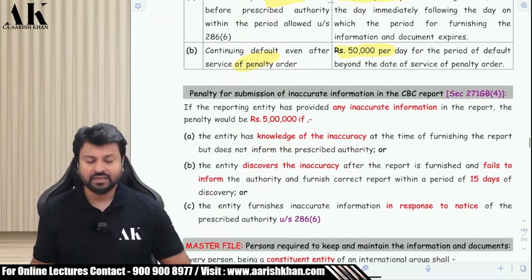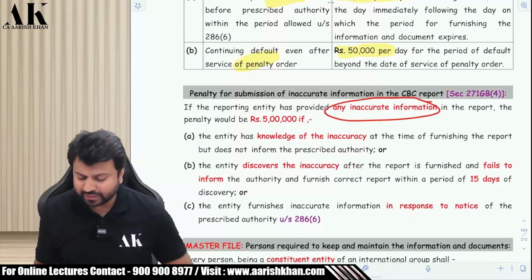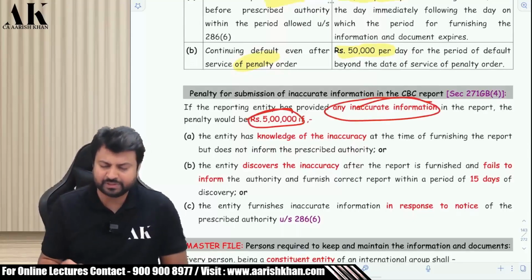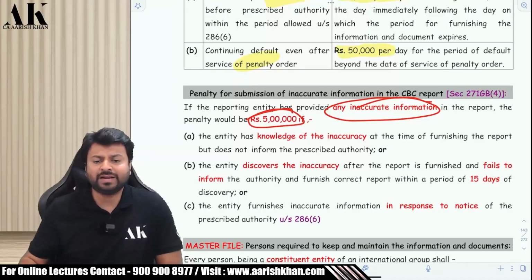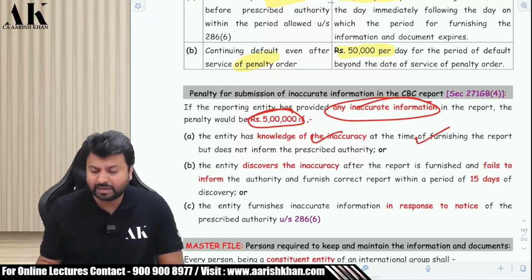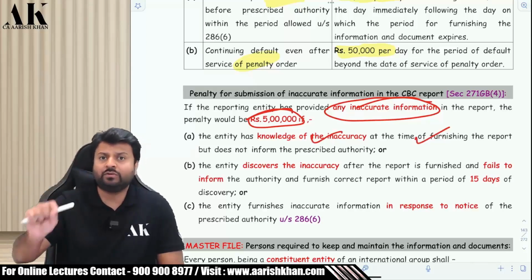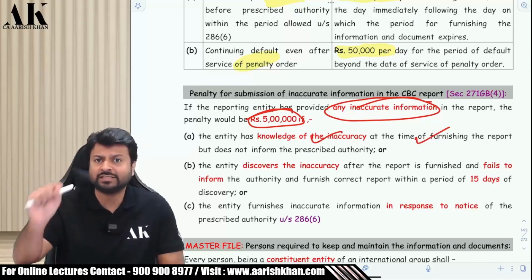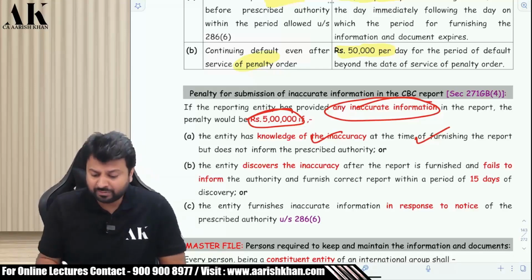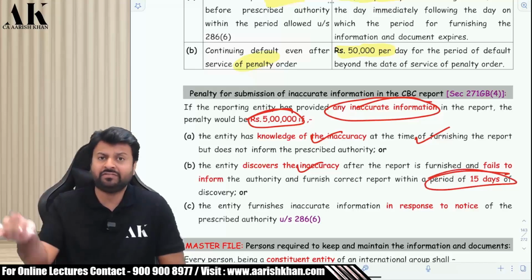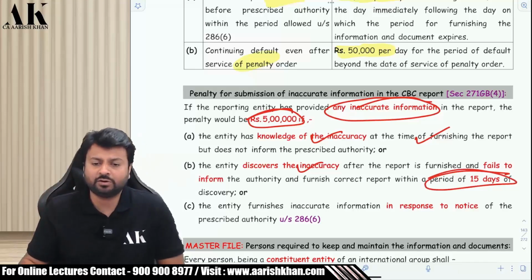Next. If you file CBCR and give some inaccurate information in the CBCR, then a penalty of 5 lakh rupees. You are filing CBCR, but you are giving inaccurate information. Then 5 lakh rupees penalty if you had the knowledge of inaccuracy at the time of furnishing. You knew that whatever information you are putting is wrong, still you give that wrong information, 5 lakh penalty. Or if you discover that information later on and if you do not rectify within 15 days, then also penalty of 5 lakh rupees.